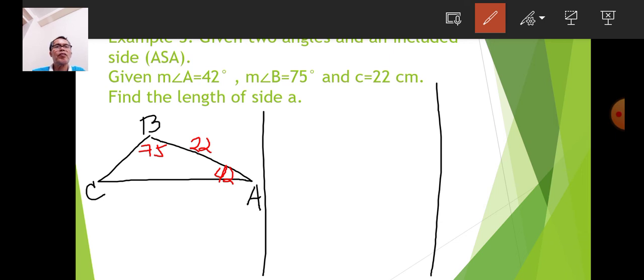You are told to find side A, so A is unknown. We are told to find the length of A. Now, in order for us to determine side A, since side C is given, you are going to determine first angle C. So again, we are going to apply the angle sum postulate that the sum total of all the angles in a triangle must be equal to 180.